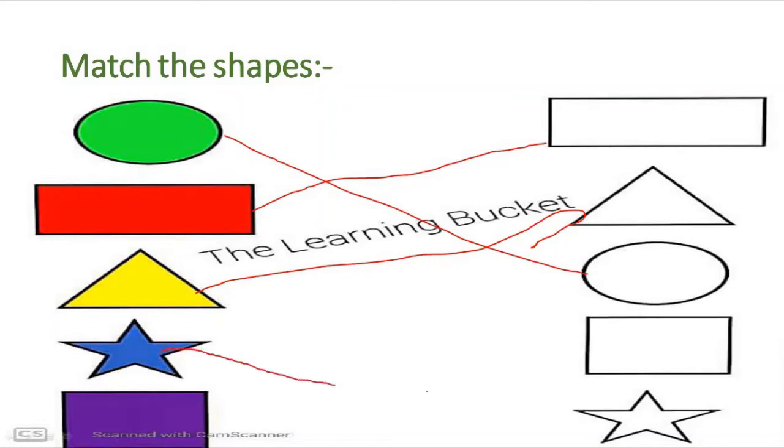Star, match it. And at last, cube, match it. Very good. Hope you all understand well and the concept becomes clear to all of you. Let's move on to the next.